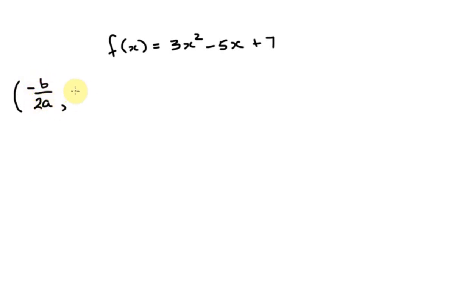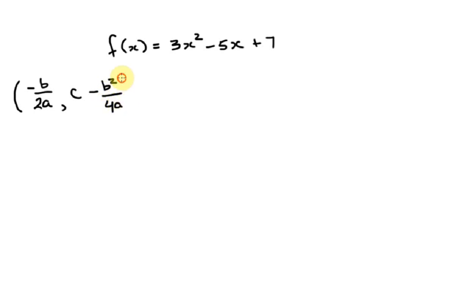So let's take a function, something like 3x squared minus 5x plus 7. Now, if I want to use that little formula for the vertex, I'm going to write it over here. Negative b over 2a, and then we had c minus b squared over 4a.